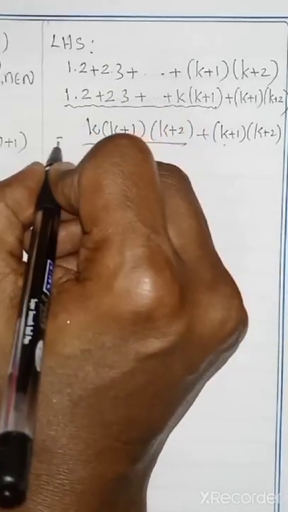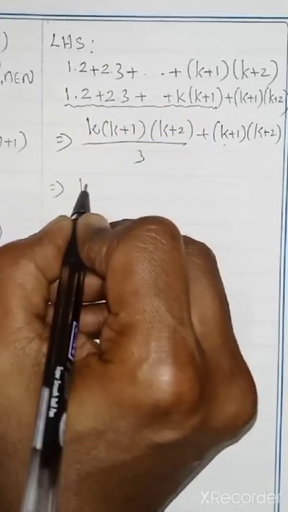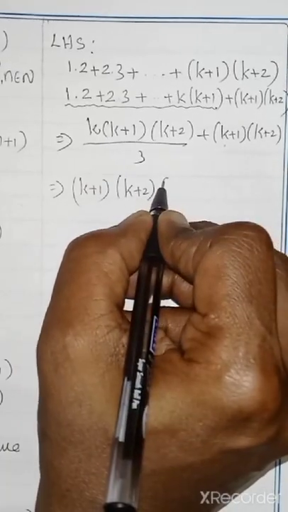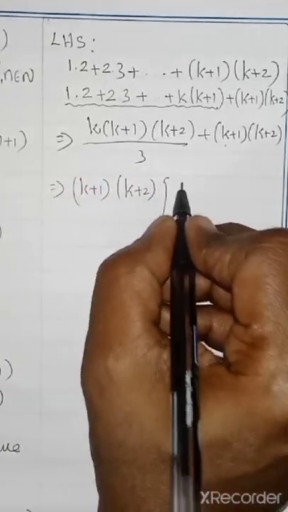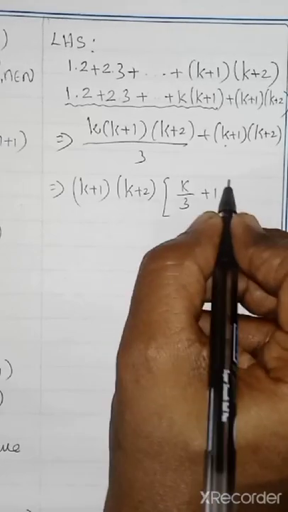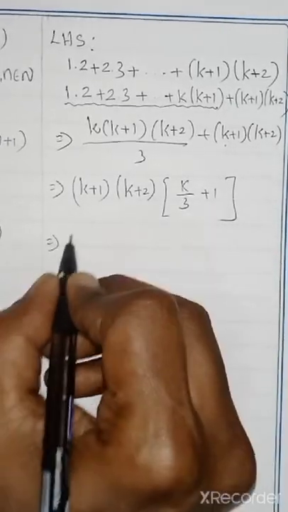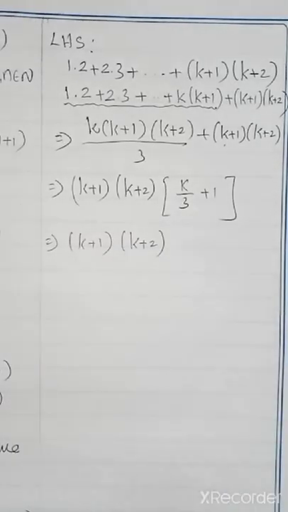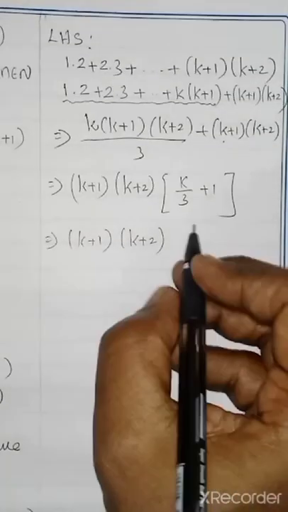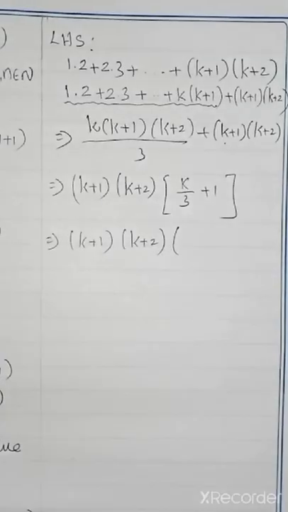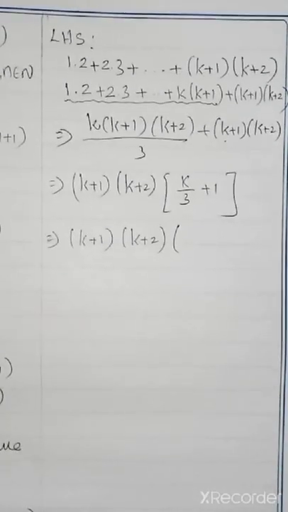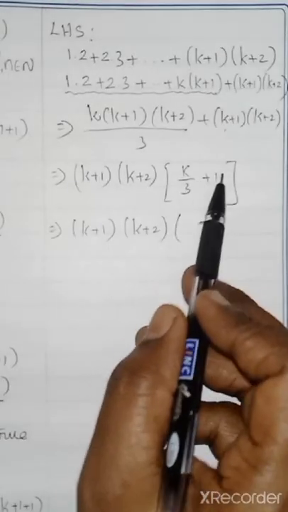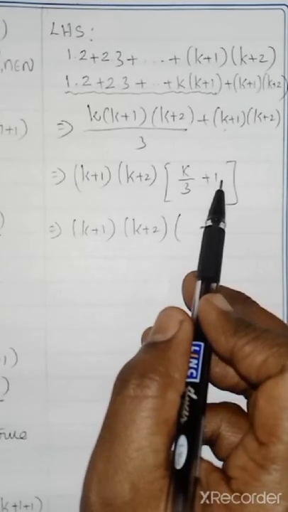So if we take k plus 1 k plus 2 common, what will be remaining? K by 3 plus 1. So we can write it as k plus 1 k plus 2 times this, and if we take LCM we will get 1 into 3 is 3.